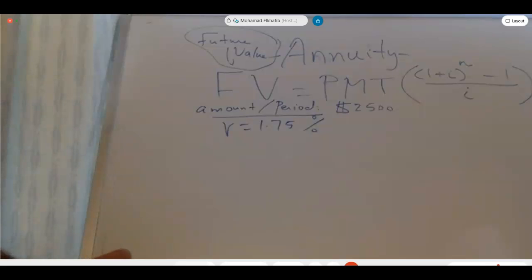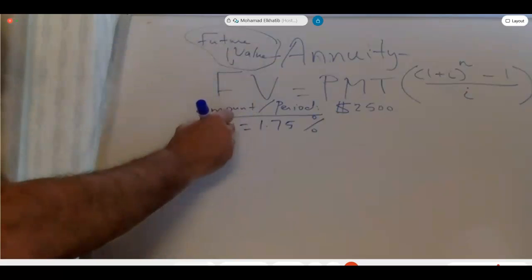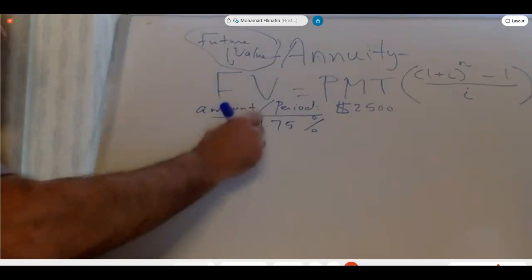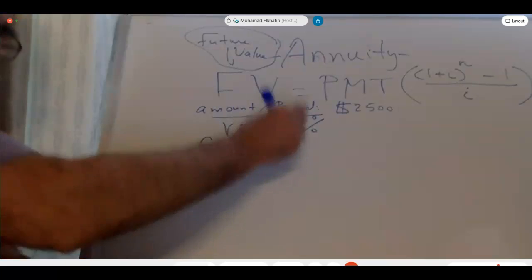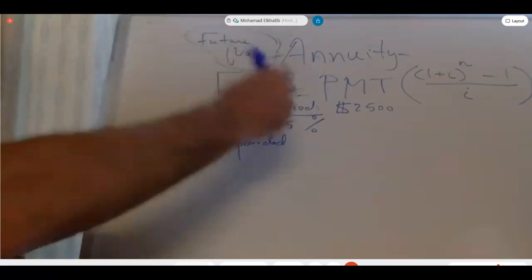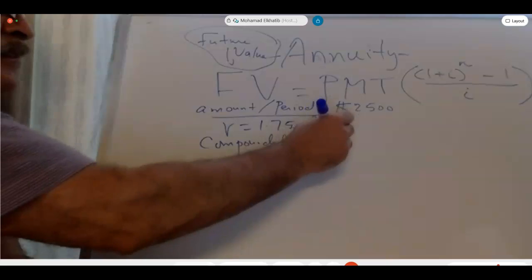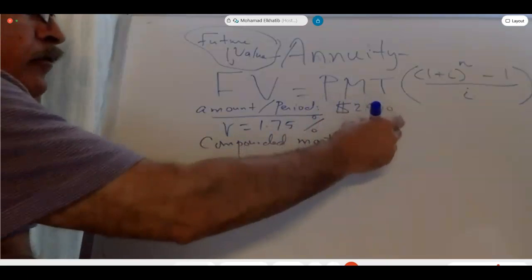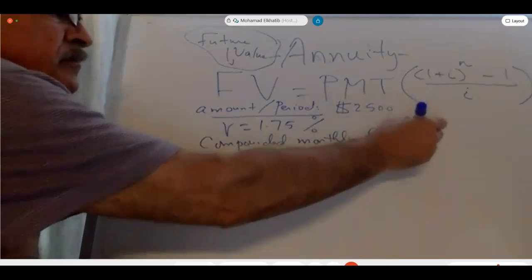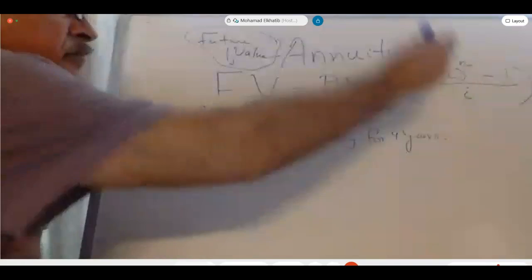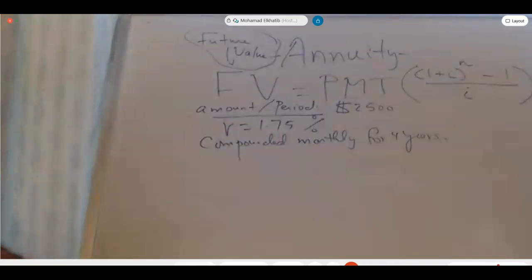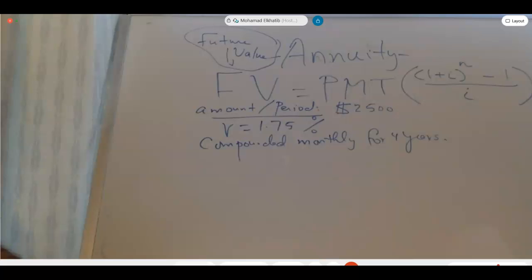So the interest on your money is going to be tiny, 1.75%, let's say. And let's say it's compounded monthly for 4 years. Are you with me? So far, so good? Yes. So we're good so far, right? Okay.